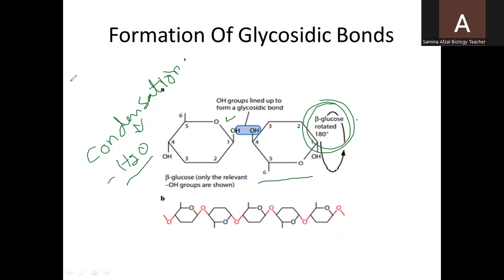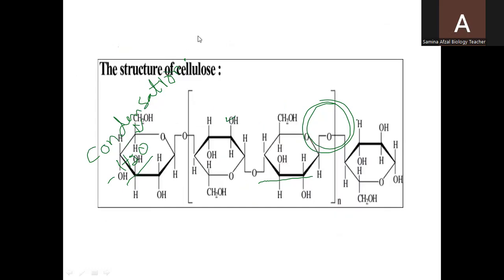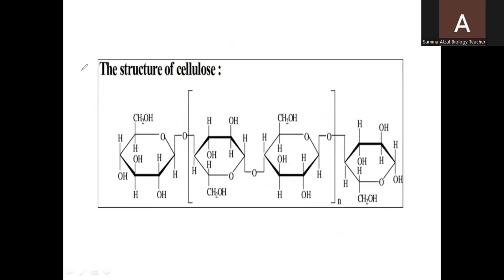So in this way, the formation of the glycosidic bond takes place in the cellulose molecules, in which the glucose molecule has to revolve through 180 degrees. You can see this is the structure of the cellulose molecule, in which a 1,4 glycosidic bond has been formed.